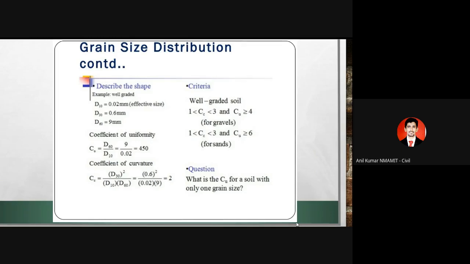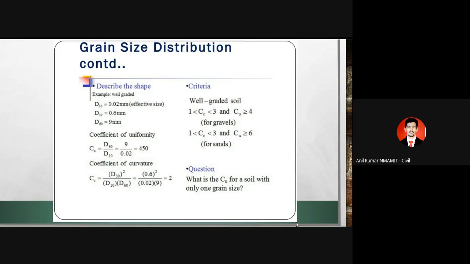Okay, but now always remember, to tell a soil sample as a well graded soil sample, both your Cc and Cu should match the result. For example, both your Cc and Cu should satisfy this condition.